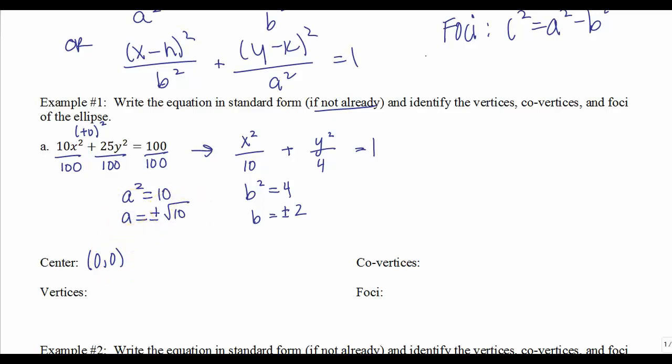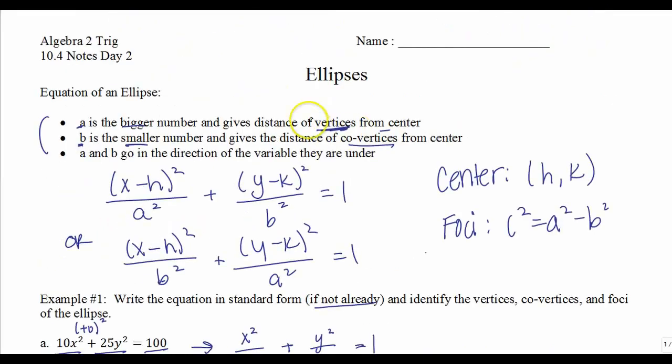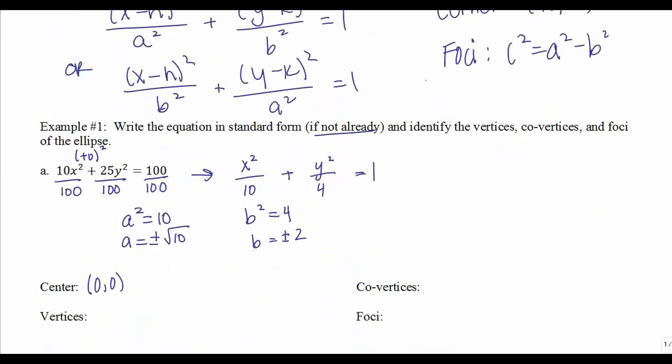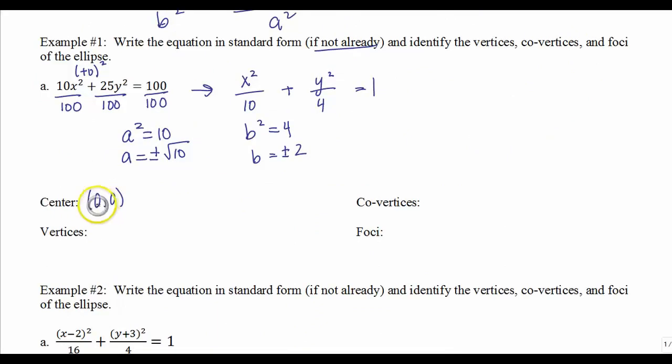A, remember, goes in the direction of what it's under, and it gives the distance between the vertices and the center. So the center is at (0, 0), and my A value is in the x direction, so I take my x value of 0 and add plus or minus square root 10, comma 0. I'm going square root 10 in that direction from the center. It's nice when it's 0 because we're only going from 0, but it's not always 0, so that's why I always write that.